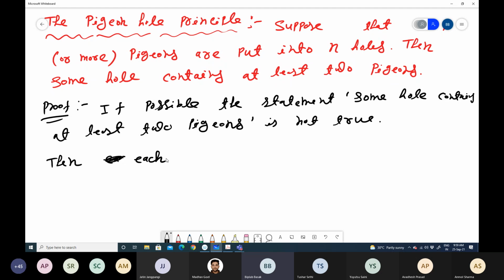So each hole contains at most one pigeon.